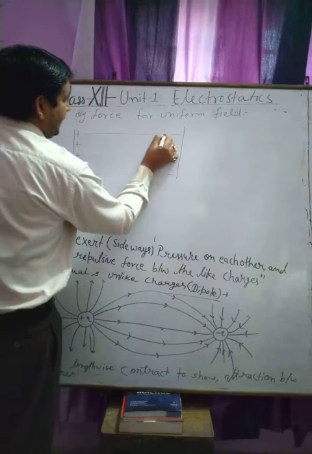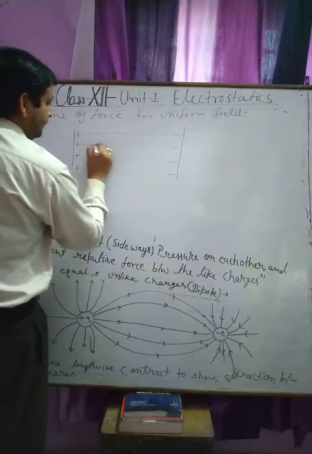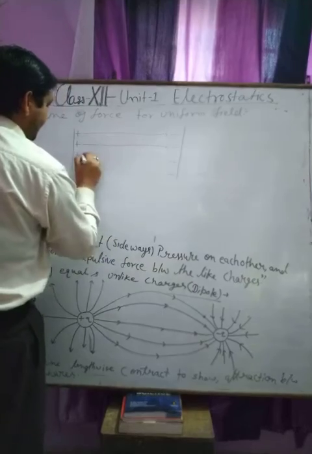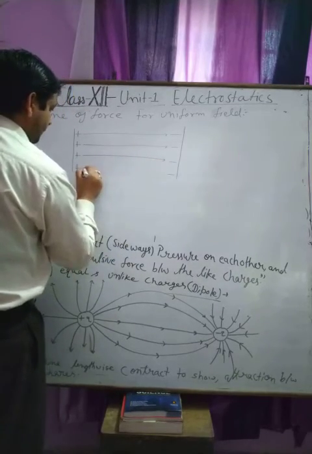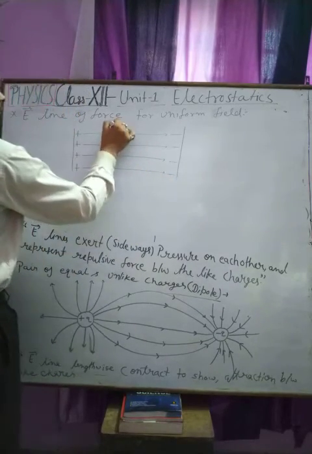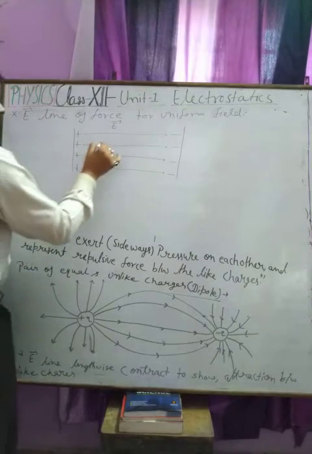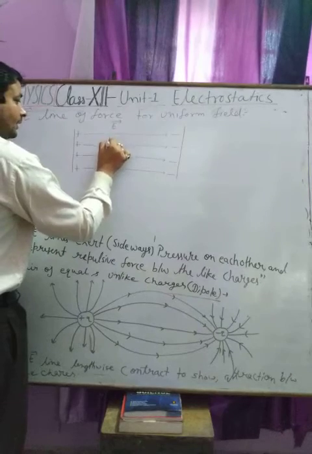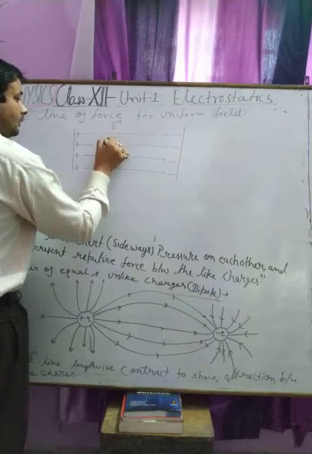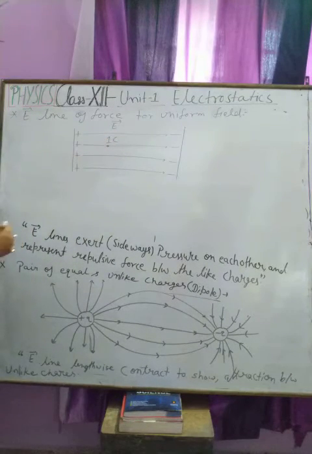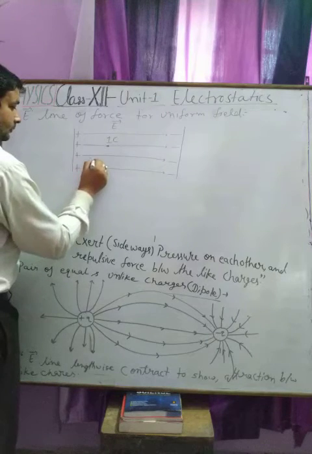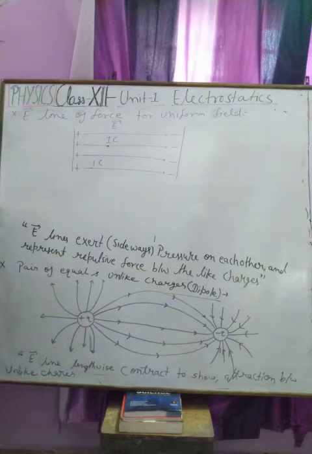We find the field lines are moving from positive to negative conductor, or positive charge to negative charge, and here we observe at every point the value of charge is 1 coulomb. This is the representation of uniform electric field.